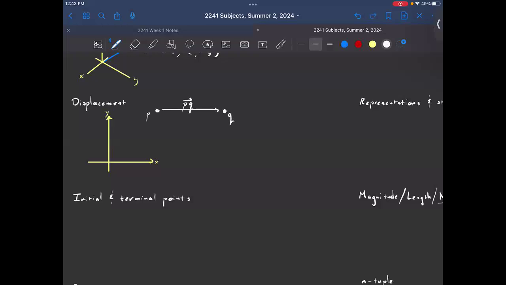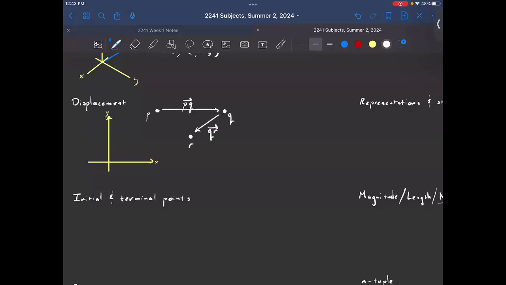But let's say I do that, and then I walk over to here. And I want my straight line tool here. And we'll call this point R. And this will be the vector Q pointing to R. All right, well, my displacement vector from P to Q, we already have, and my displacement vector from Q to R, I have. What about my displacement overall?